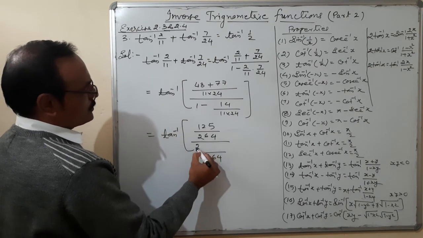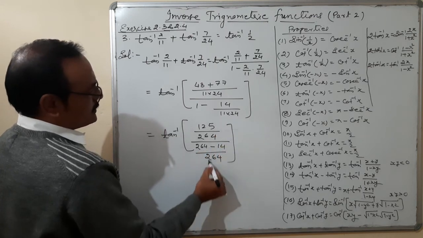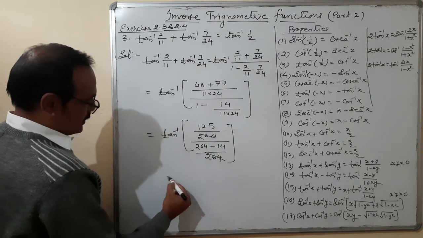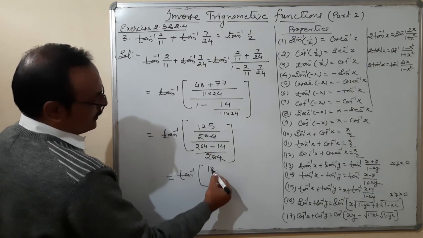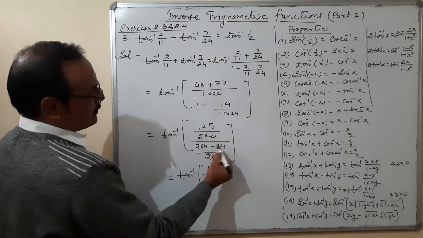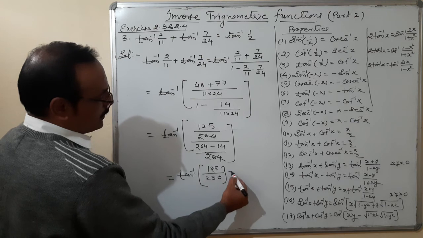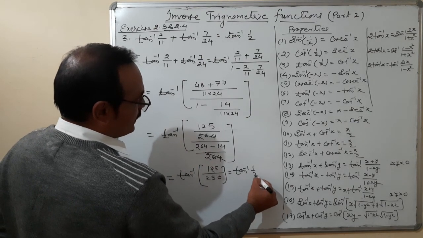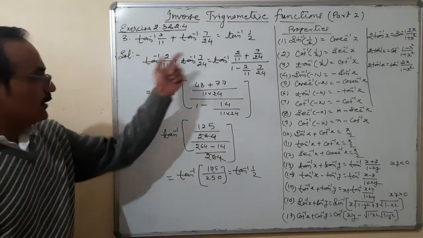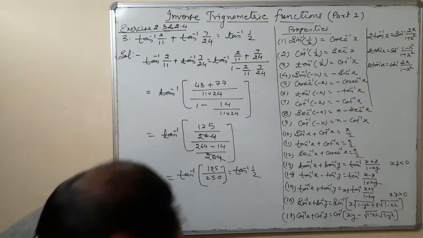It is coming 264 minus 14. Second and fourth term cancel. Result is coming tan inverse 125 upon 250. It is coming tan inverse 1 by 2. Okay. So this is the proof from left hand side to right hand side.